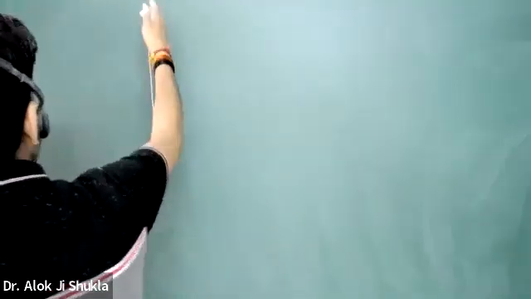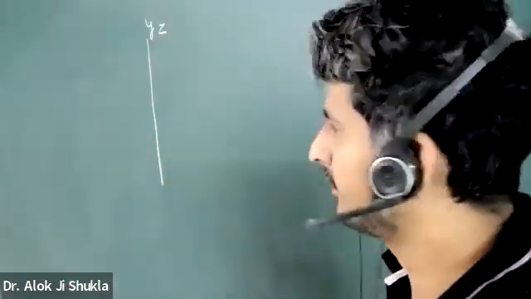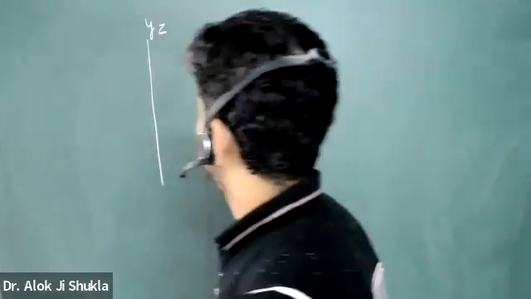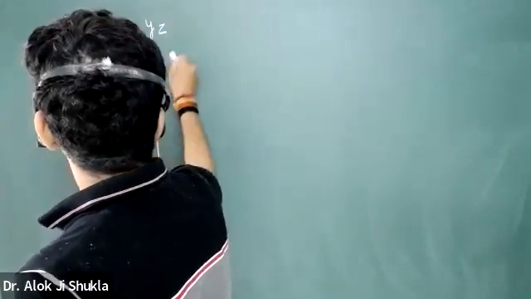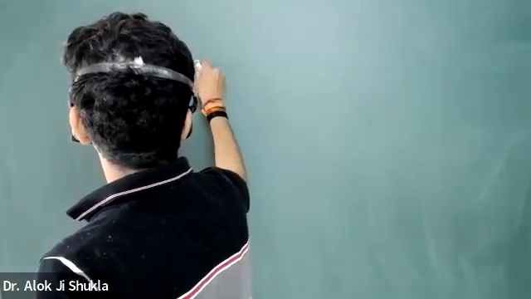YZ plane forms a chargeless boundary between two media. So suppose this is YZ plane. This is forming a boundary. And this is epsilon left. This is epsilon right. Something like this.